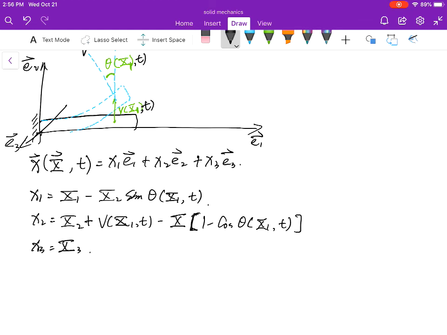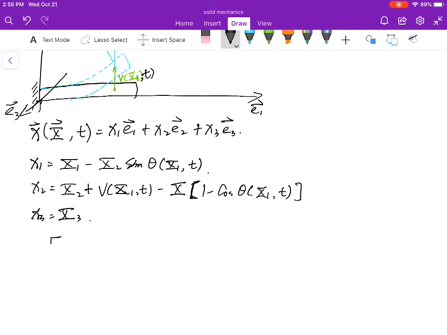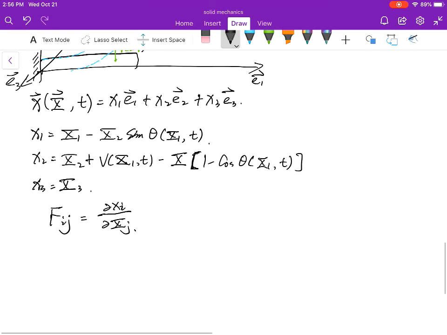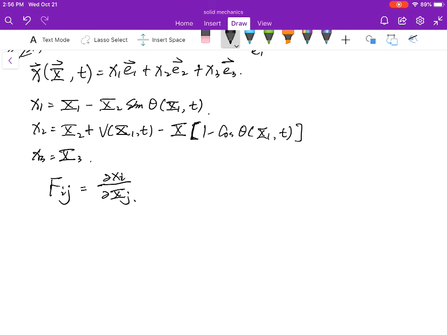Now we apply our equation for the deformation gradient tensor. We can simply get, for example, F11 equal to partial x1 over partial uppercase X1.